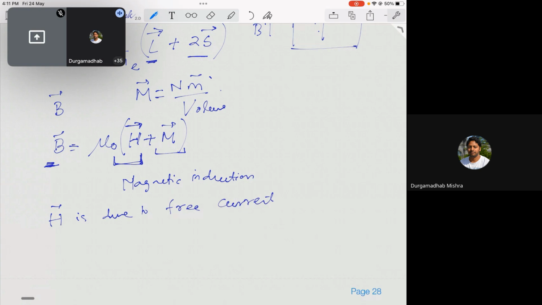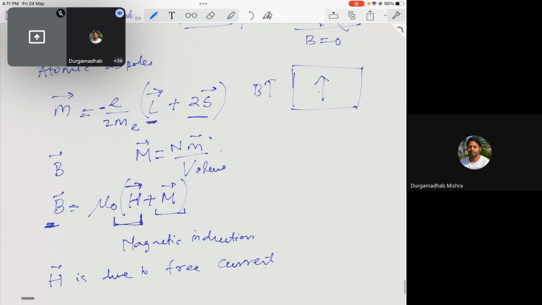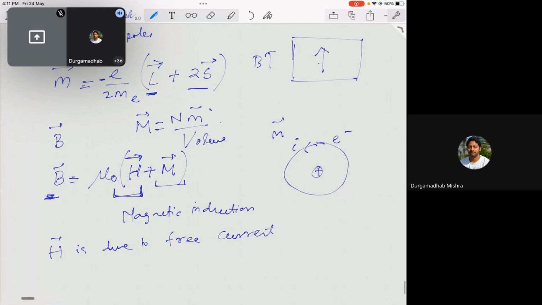Of course, no such bound current really exists, but we can say these small dipole moments in the atoms are like a nucleus with an electron orbiting around it, so we have some kind of electric current due to the orbiting electrons, which we can treat as a bound current.